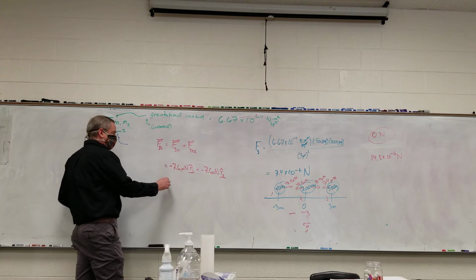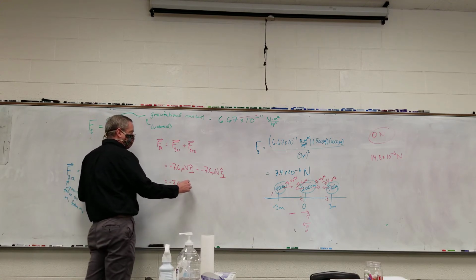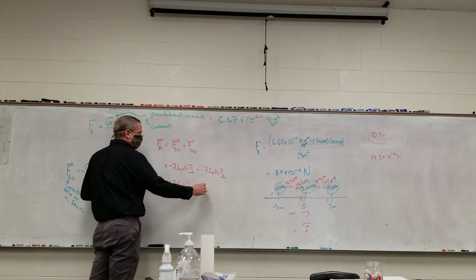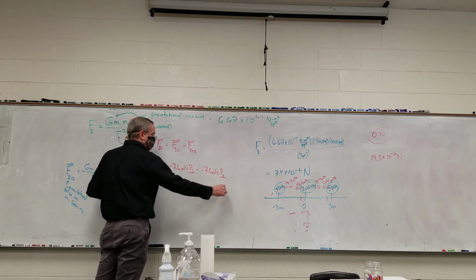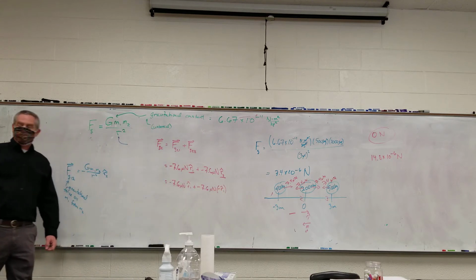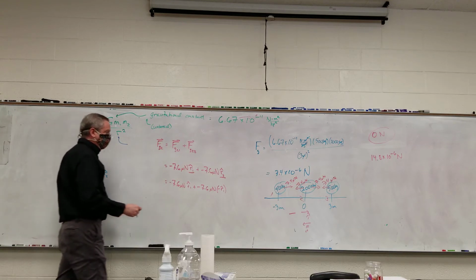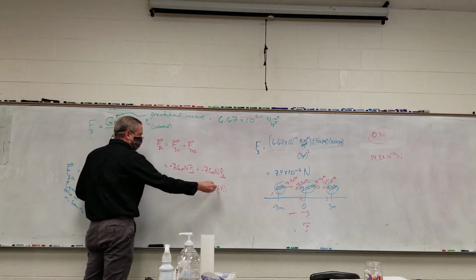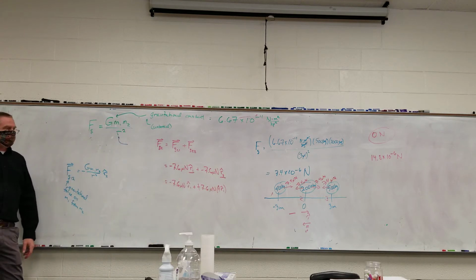So this technically would be negative 7.6 micronewtons R1 hat plus negative 7.6 micronewtons negative R1 hat. Because at that point they're both unit vectors, so the magnitude's the same, just opposite directions. The negative signs cancel out. And now it's just a negative number plus a positive number.